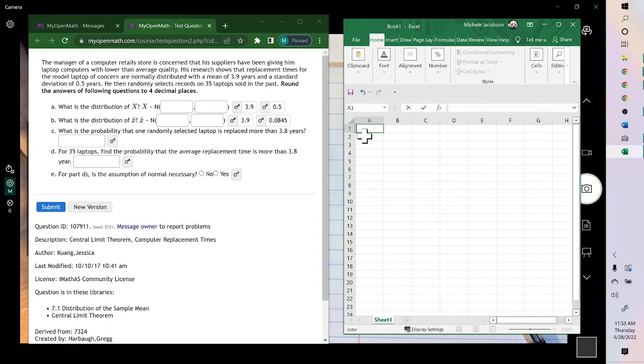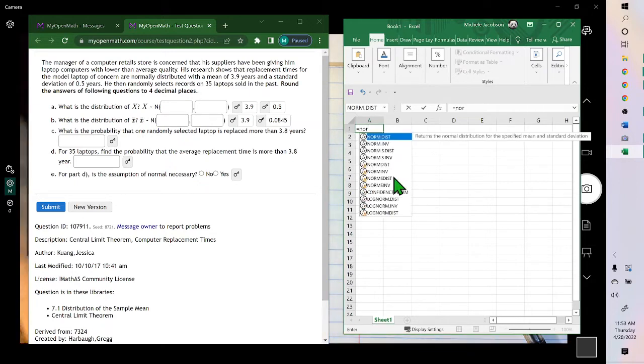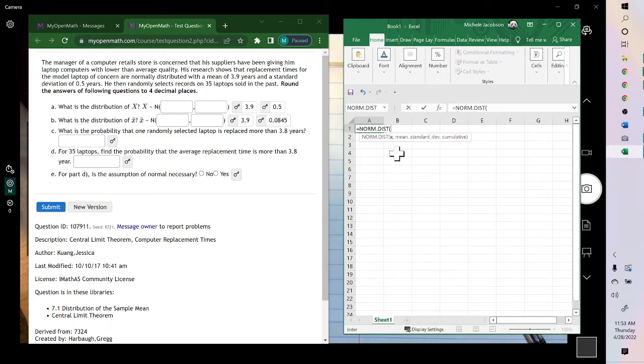So for this one, what's the probability that one randomly selected laptop is replaced more than 3.8 years? So first let's find the value. On Excel you do equals, and then your norm, and we want the normal distribution. We want to find the probability or the percent. So double click on it, then it tells you what to put.